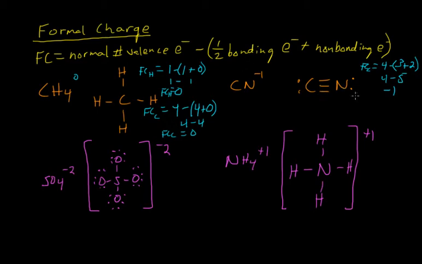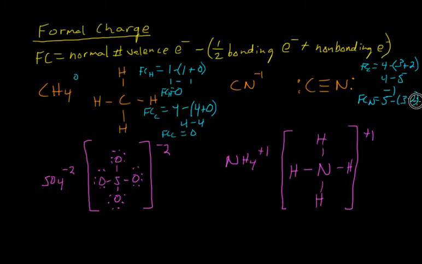So if we look at the nitrogen, we'll do the formal charge on the nitrogen. A nitrogen has a normal valence number of 5, so we're going to subtract from that half of the bonding electrons. So it's got 1, 2, 3 pairs, so that's 6 bonding electrons. Half of 6 is 3, so we're going to say 3 plus the non-bonding. Nitrogen has 2 non-bonding electrons on the right, so that's going to be +2.